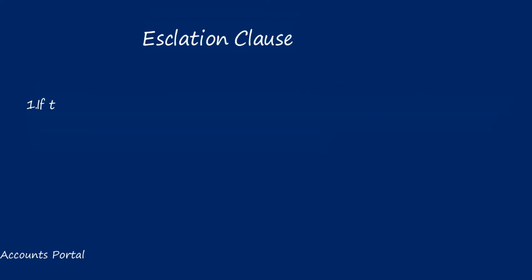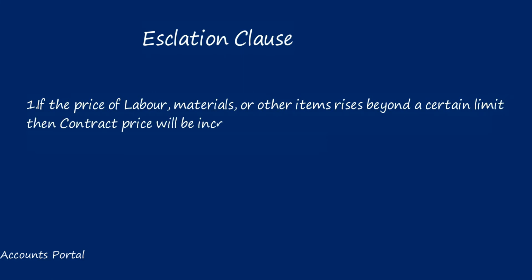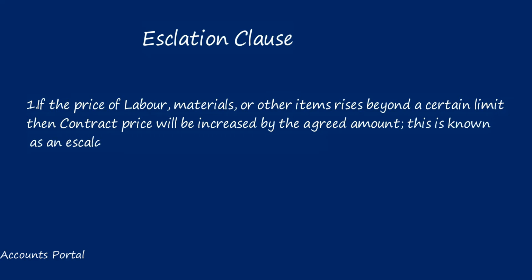Class notes. If the price of labor, materials or other items rises beyond a certain limit, then the contract price will be increased by the agreed amount. This is known as an escalation clause in a contract agreement.